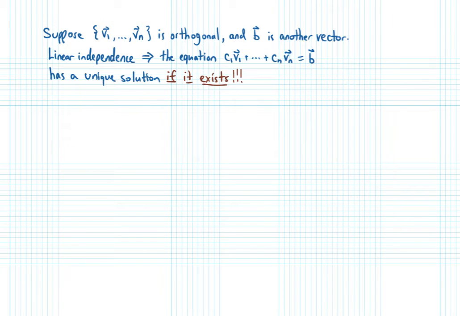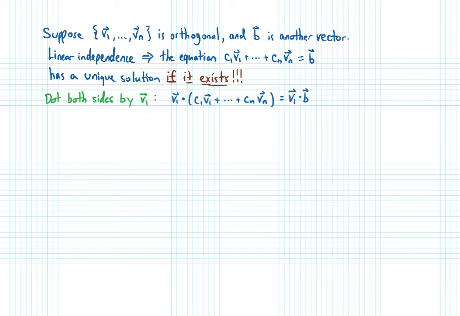So how would you solve an equation like this? Well, we know that one way to do it is to make an augmented matrix, put the matrix into reduced echelon form, and so on. But it turns out that there's another way to do it using the dot product. It basically uses the same idea that was in the proof we just saw. You take this equation that we're trying to solve, dot both sides by v1.